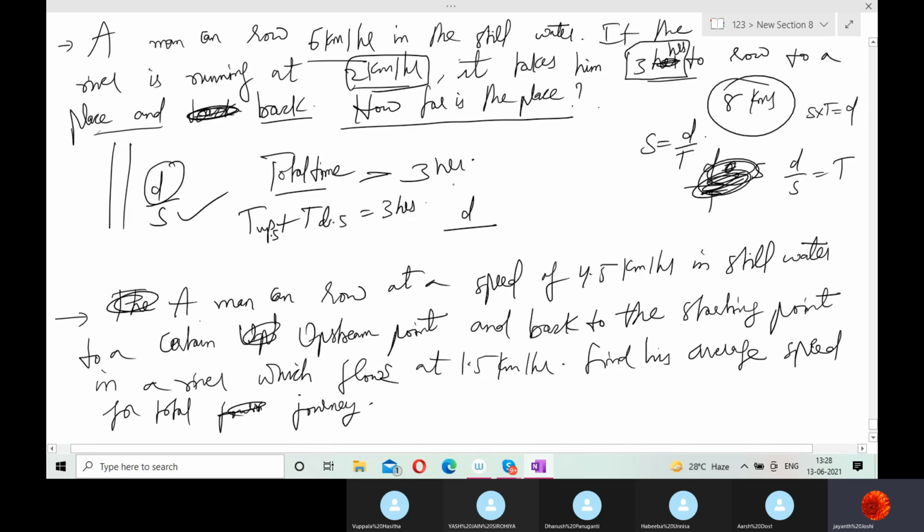So total time is 3 hours. Distance by speed.